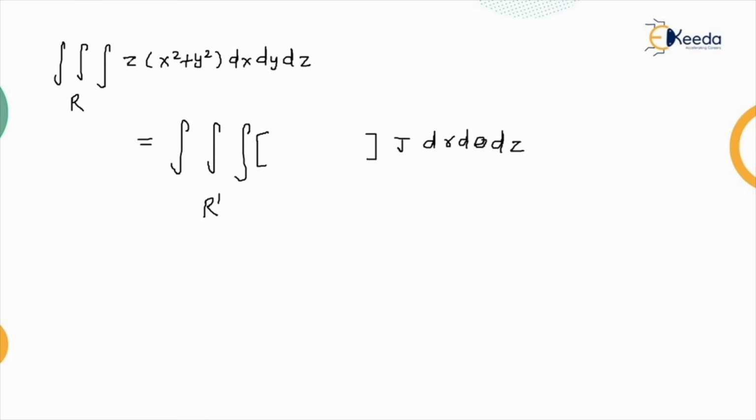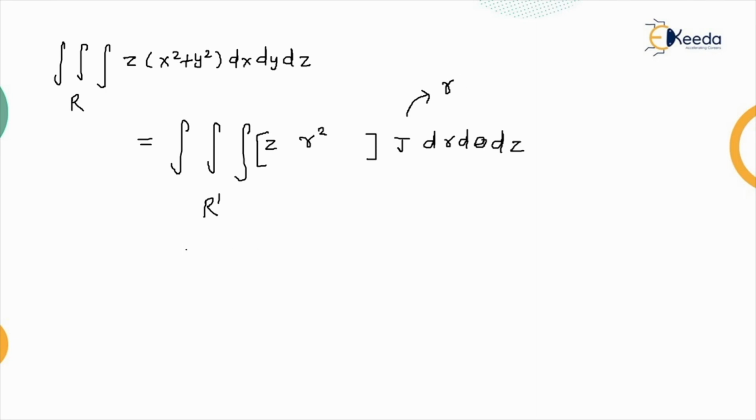So my dear friends, here I will just substitute all the values. Z will remain the same, z, and x square plus y square is equal to r square. Clear? And if we are changing to the cylindrical system, the Jacobian will be equal to r. We learned this thing.